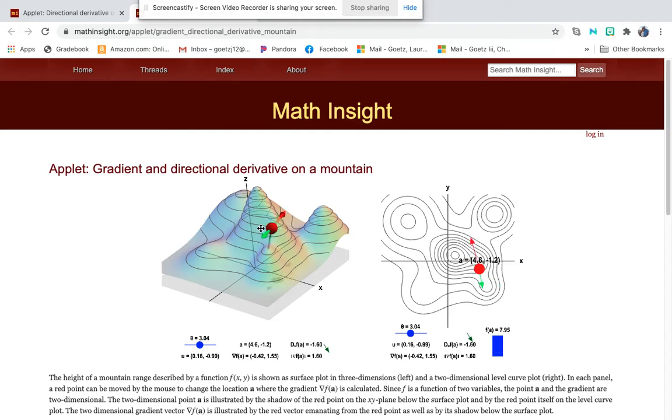Notice now that there are 2 arrows along here. Right? And do you see the perpendicularness? Look at the shadow down there.